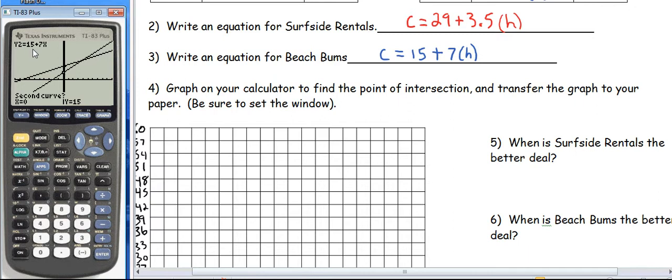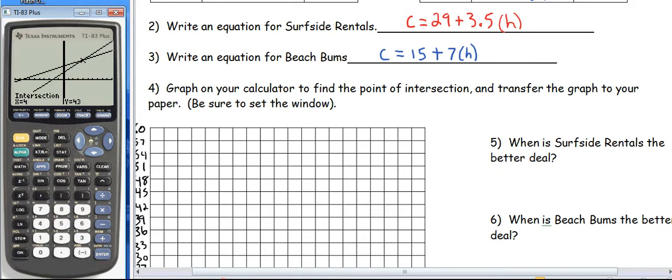Second curve, and it's showing you Y2. Yes, enter. And then it says guess. Well, believe it or not, this is going to give you a pretty good guess. So we're going to hit enter again. And it tells us that the intersection right here is (4, 43).